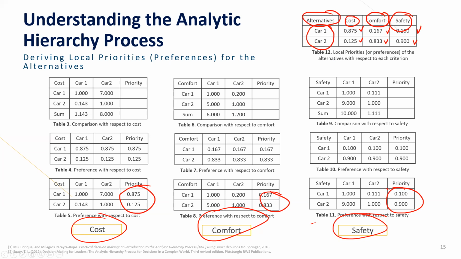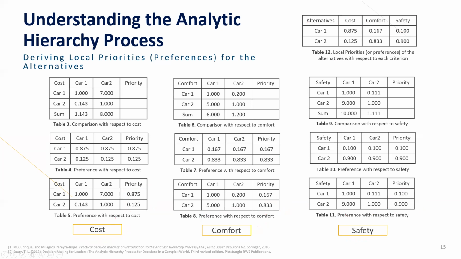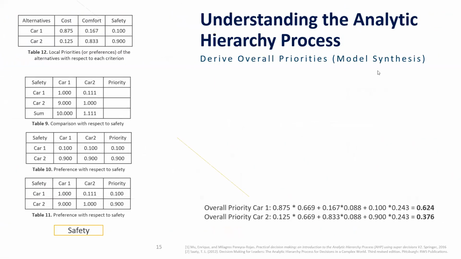We cannot decide yet, but at least based on this table, you already have much more information about your decision regarding each car, or each alternative, localized to each factor. Okay, I hope this calculation is okay.